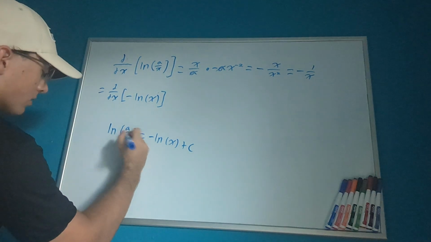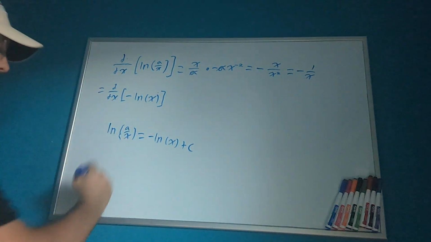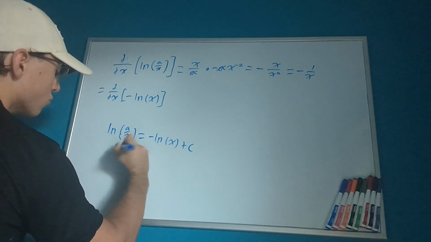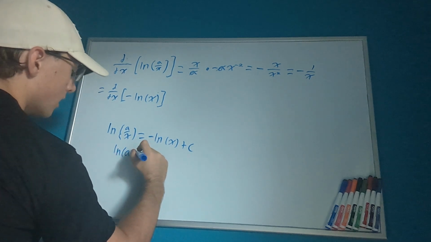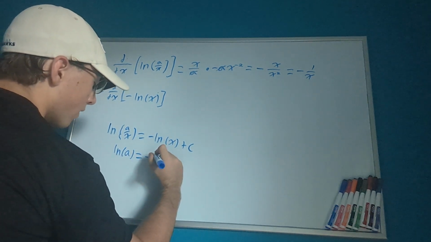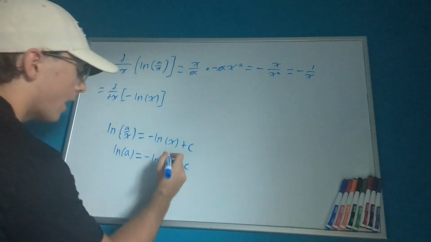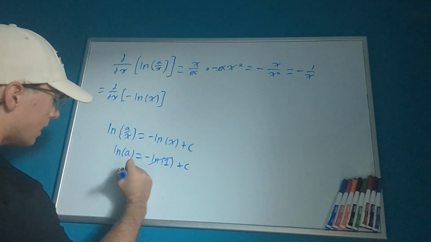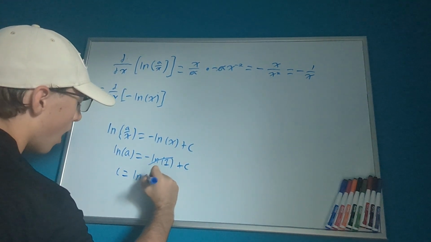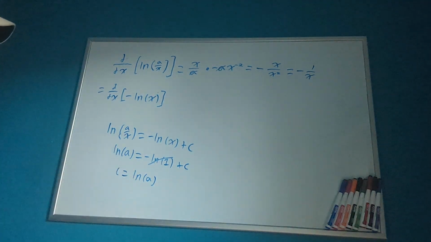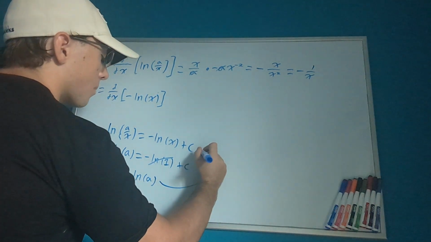We have to figure out what c equals again. So we set x equal to 1 again, and we get the natural log of a equals the negative natural log of 1 plus c. And this equals 0. So we get c equals the natural log of a. Once again, substitute that in.